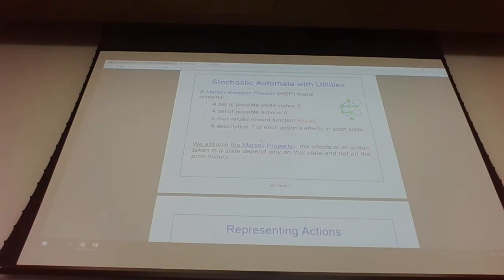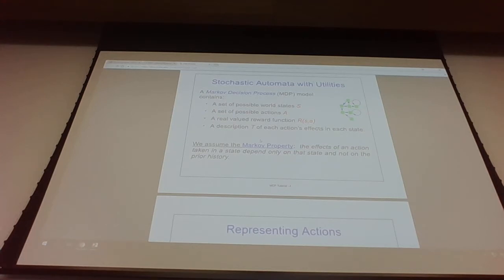Here it assumes that the states are fully observable, which means you have some sensors, and then you can use a mathematical model to estimate the state. So you know all the parameters of the state.